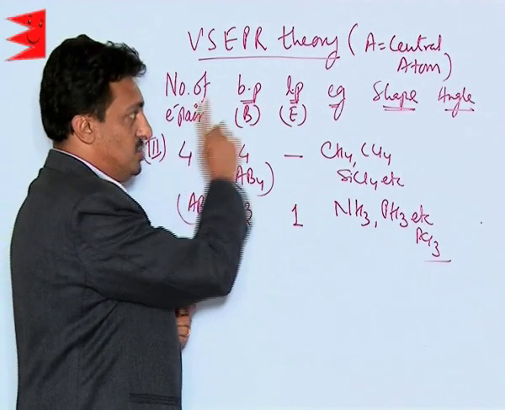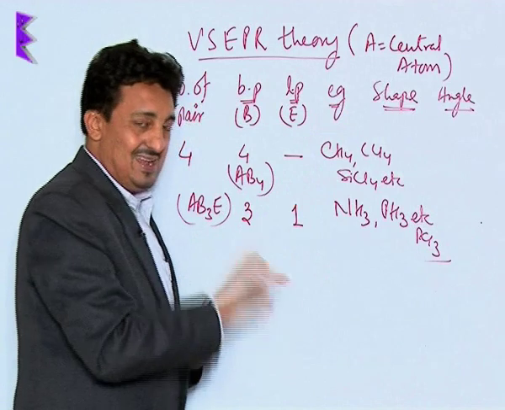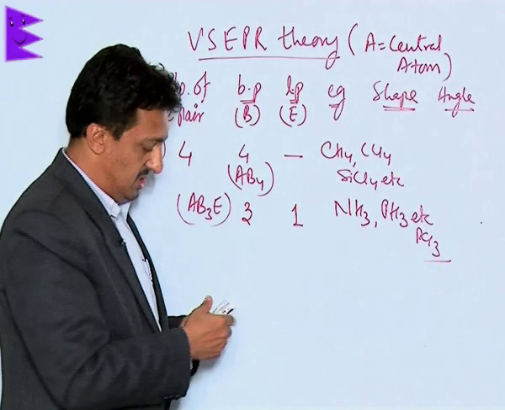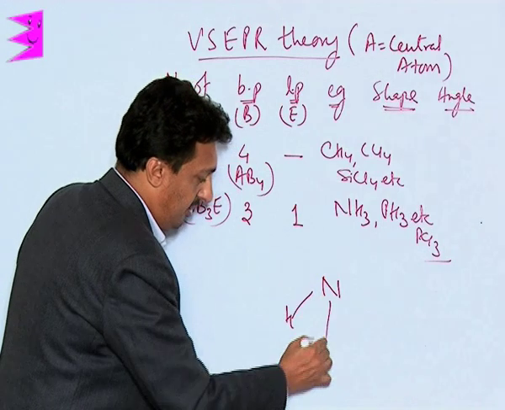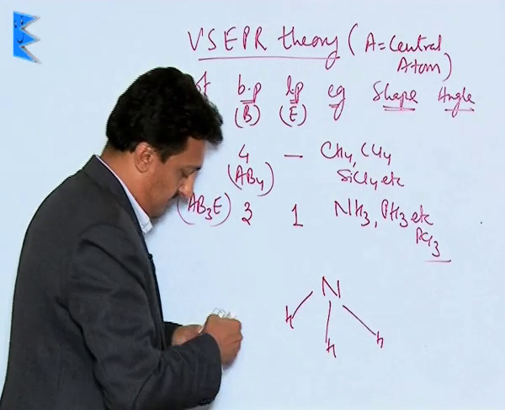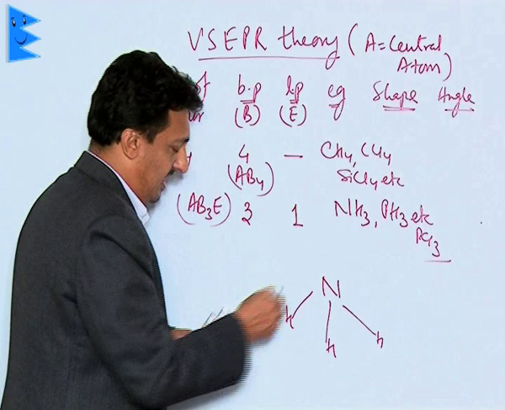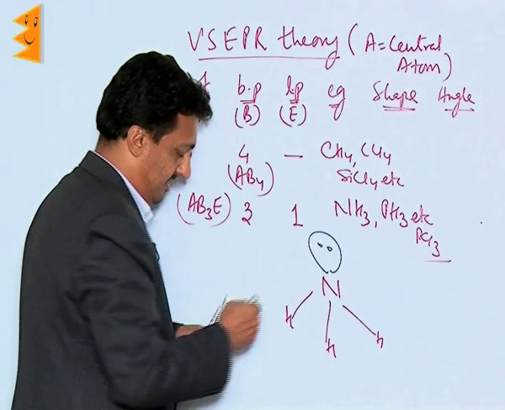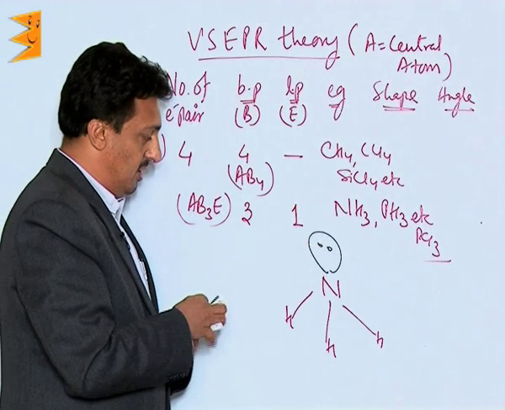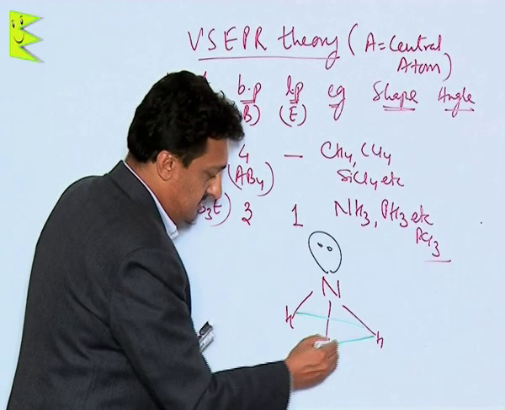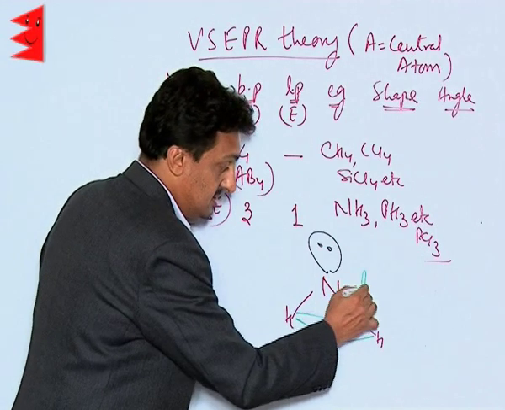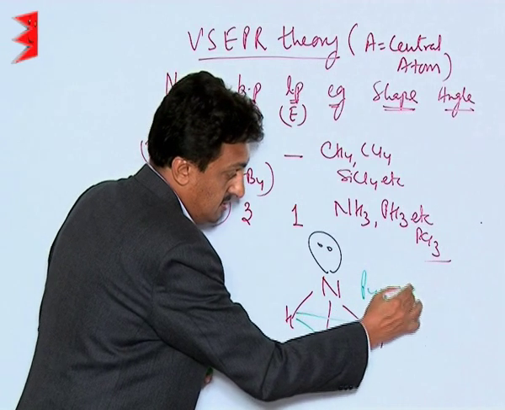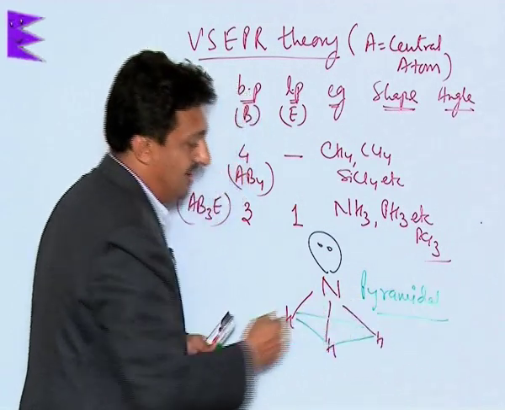Category is this. Geometry will remain same, tetrahedral, but the shape will change. How? See, out of the 4 bonds, nitrogen is forming these 3 bonds. The 4th bond is actually in the form of a lone pair. So the shape is not tetrahedral, it is pyramidal.